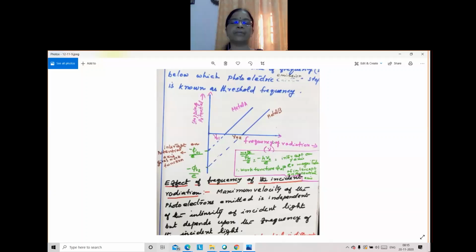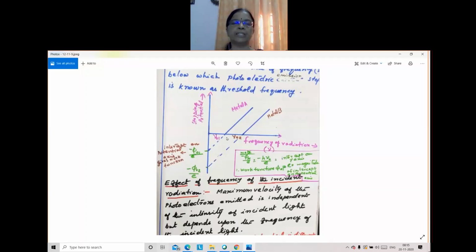As the frequency of the radiation increases, stopping potential also increases, because the extra energy is converted into kinetic energy. With greater kinetic energy, greater stopping potential is needed. The reverse potential is needed to stop them. So that is the explanation of this graph.